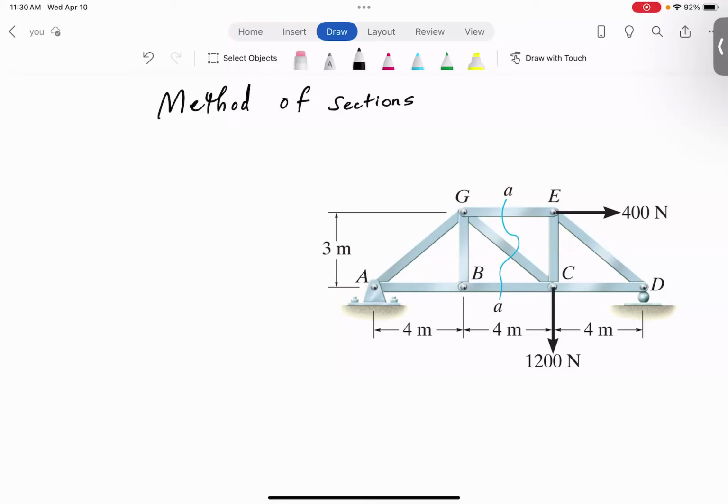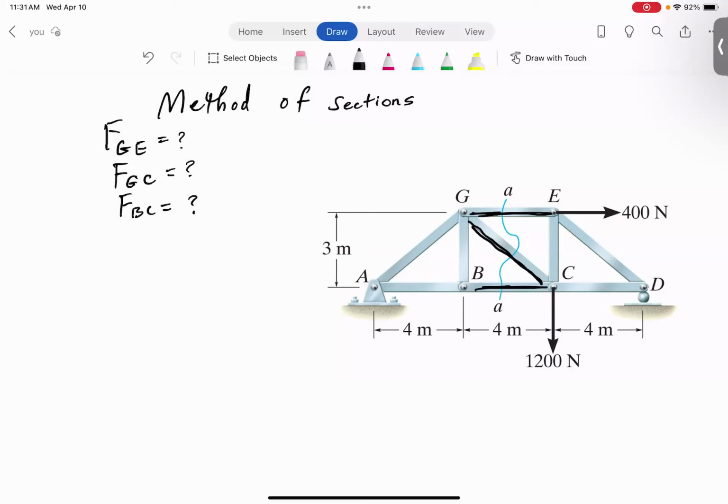We are trying to find the internal force in member GE, member GC, and member BC. That's the objective here. So basically, this member, as you could see, and this member.